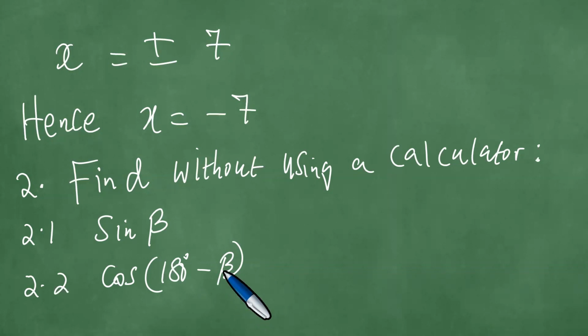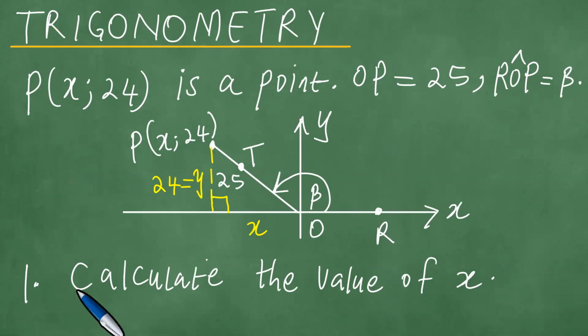Now, let's look at the diagram. We want to find sine beta from the diagram. Anyone, what is sine beta from this diagram? The numerical value of sine beta.